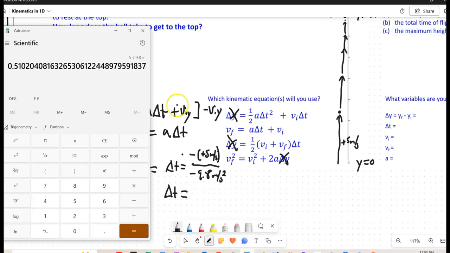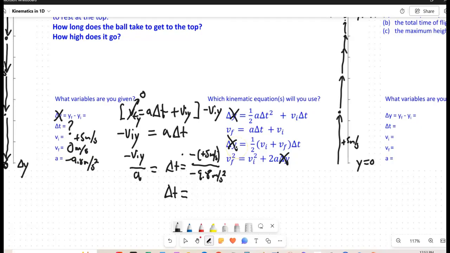A little bit over a half. 0.510, so 0.51. So a half a second.